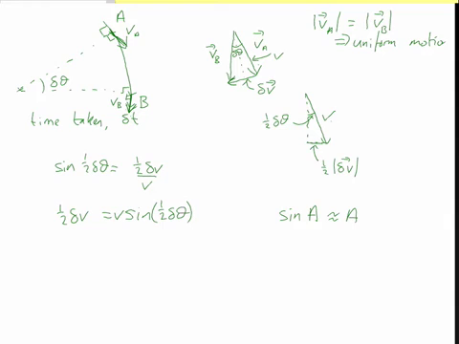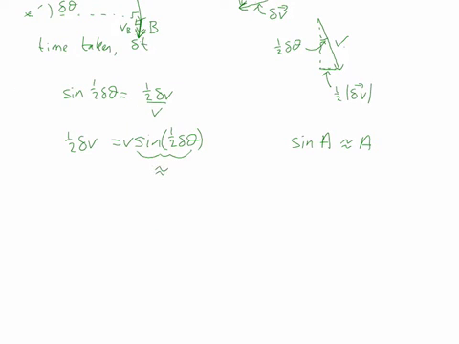In the limiting case where the angle goes to 0, this in fact becomes perfect, because the sine of 0 is 0. So I'm going to make an approximation here, and say that this is roughly equal to a half delta theta. In this case, I get a half delta V is equal to V times a half delta theta.